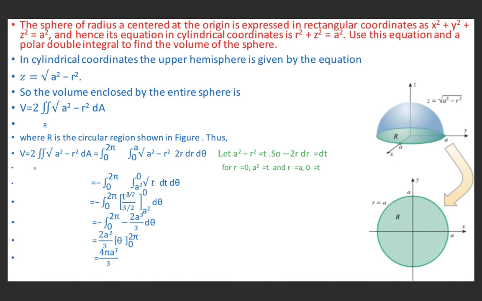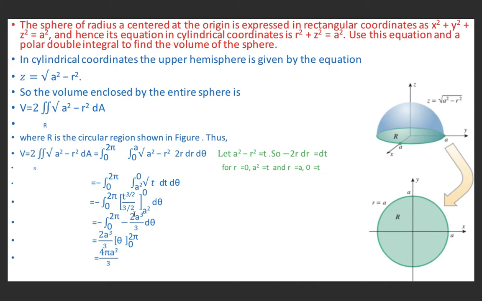First substitute the upper limit, so it is 0; I have not written the 0 part. Minus the lower limit, so it is a square raised to power 3 by 2, which means the 2 will cancel out. This is a cube. Now 3 by 2 can be written as 2 by 3. So this is the minus because this is for the lower limit.